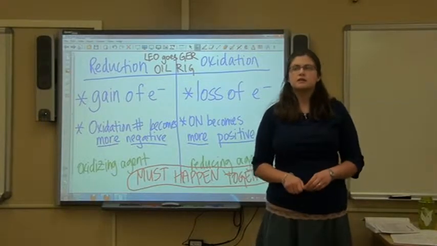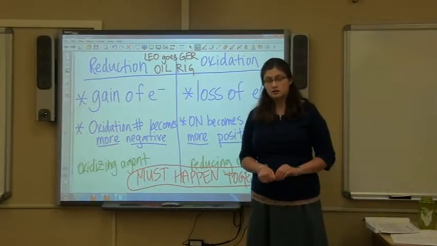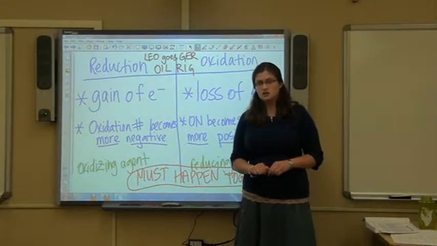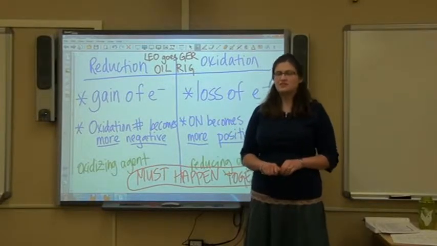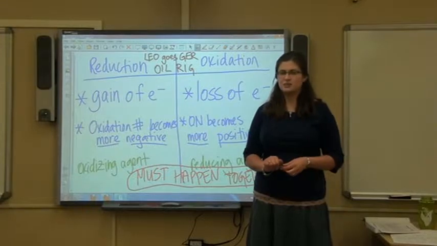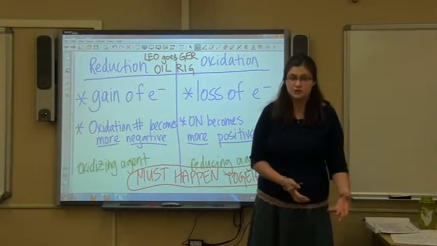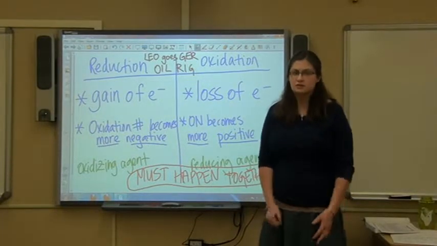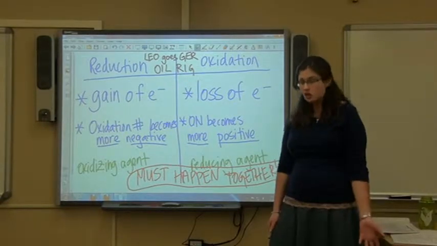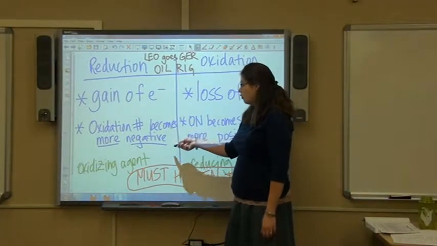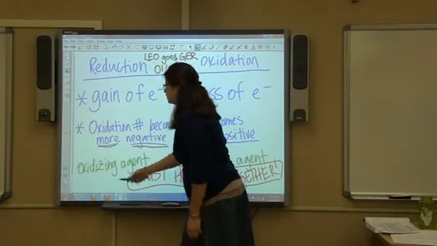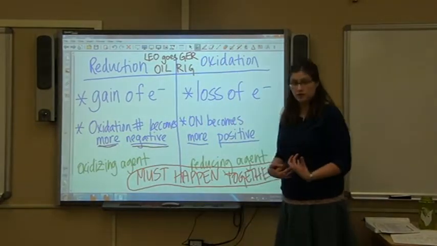Well, electrons aren't like money. Electrons are negatively charged. So adding electrons is almost like adding debt. If you spend more on your credit card, your balance is going to become even further in the red. Same sort of thing with electrons because they're negatively charged. So oxidation numbers become more negative as you gain more electrons.